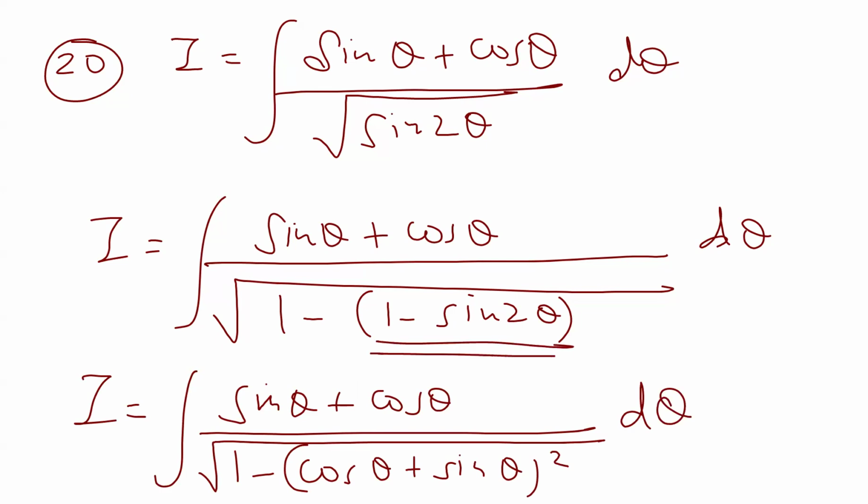Before sin 2 theta, you write 1 minus, then bracket 1 minus sin 2 theta. Now you can do this, take cos theta plus sin theta as t. I think this should be minus, very sorry. Cos theta minus sin theta is t, because there is minus over here. Since there is minus over here, this has to be minus. So cos theta minus sin theta is t we will take. That I'll do on the next page.